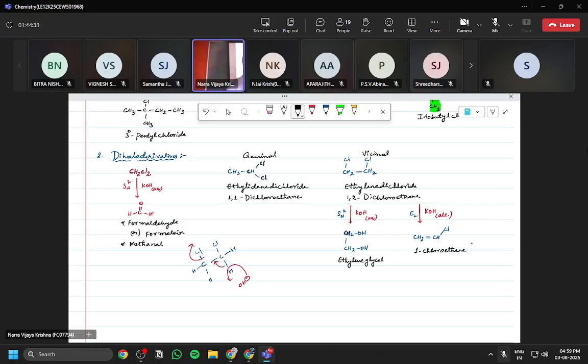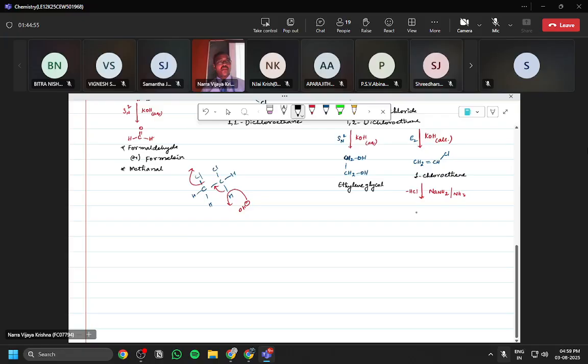Alcoholic KOH cannot remove the second HCl. If I want to remove HCl again, what do I have to do? Sodium amide, NaNH2, in the presence of ammonia. Now again HCl will be lost. Again an elimination reaction. Now the product will be HC≡CH, a terminal alkyne.